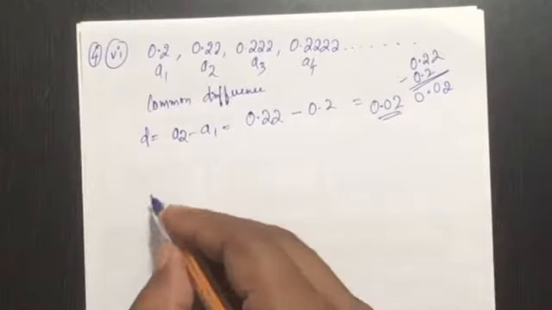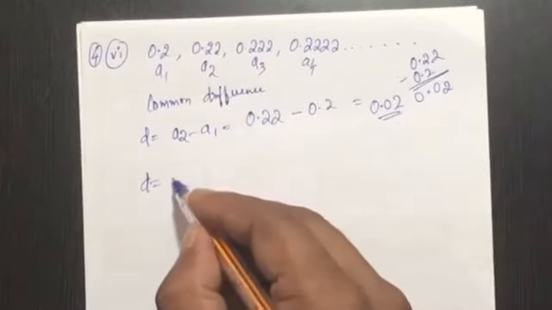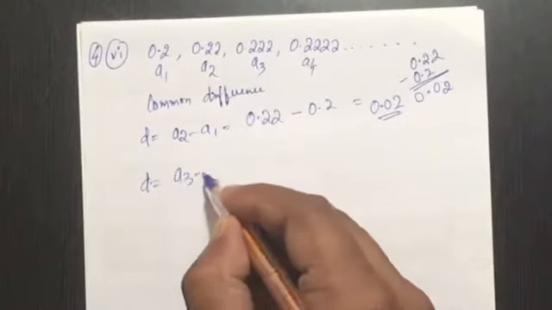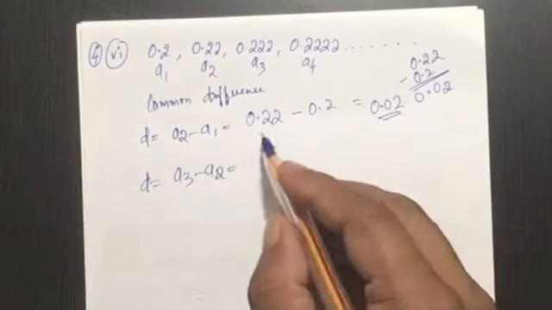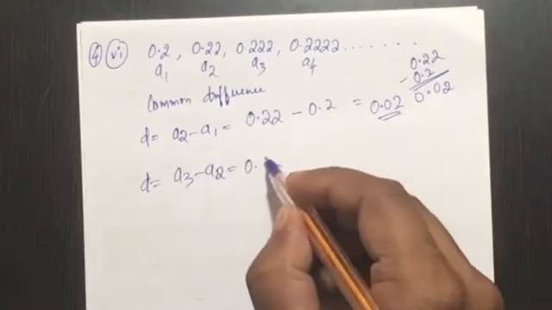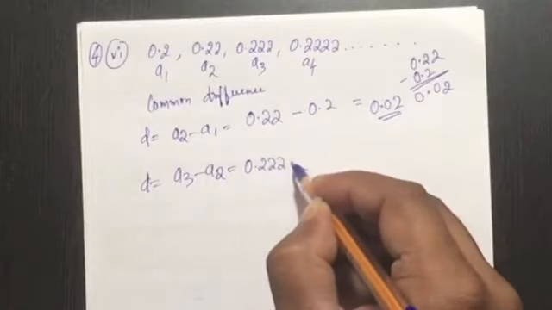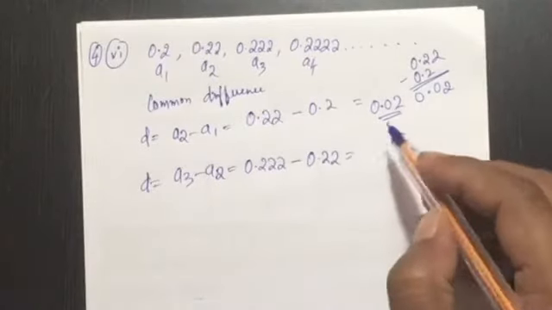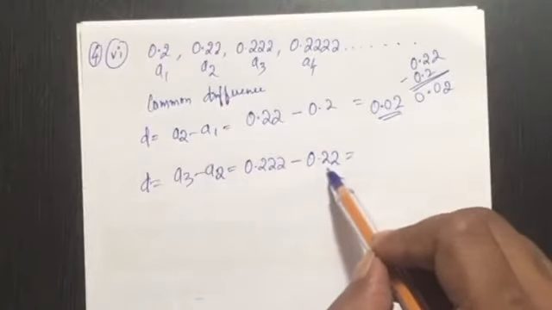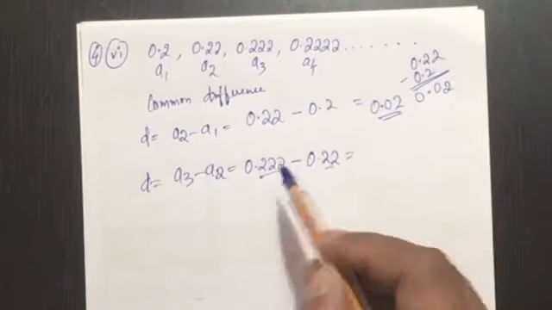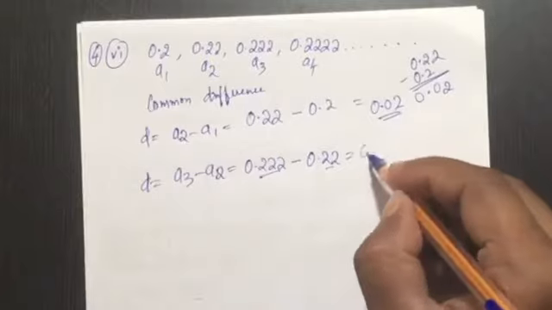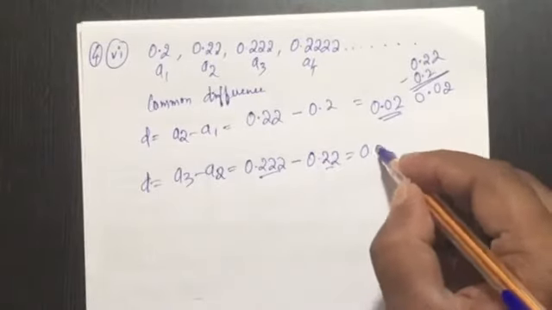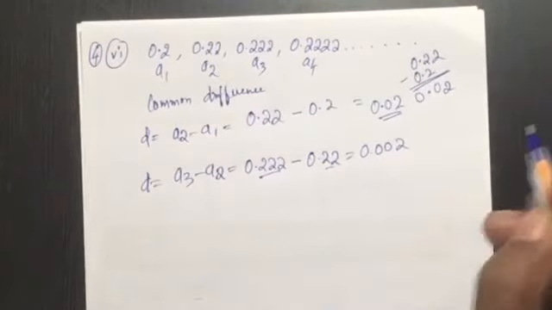Okay, so D is equal to A3 minus A2. What is A3? A3 is 0.222 minus 0.22. So now you directly calculate. Here you have 2 places, here you have 3 places, so that will become 0.002. Okay.